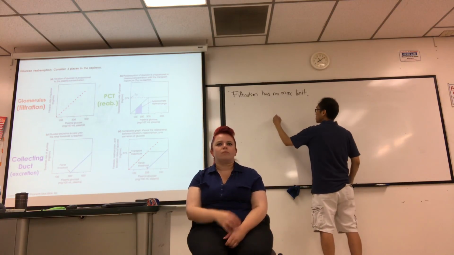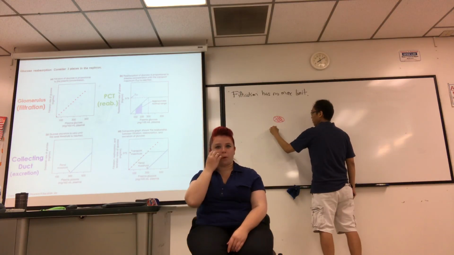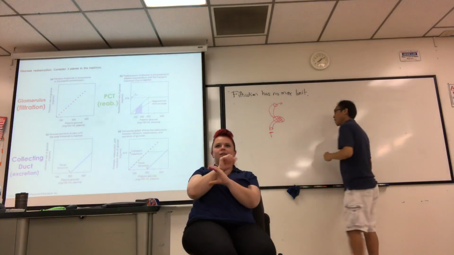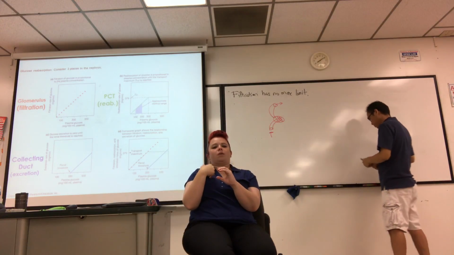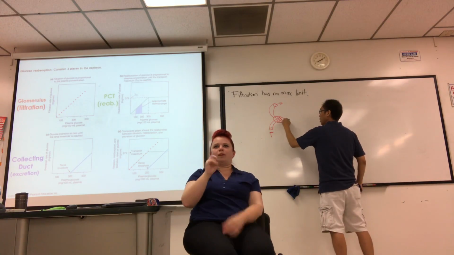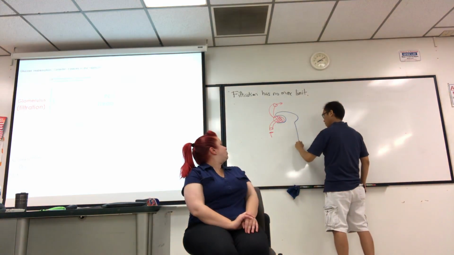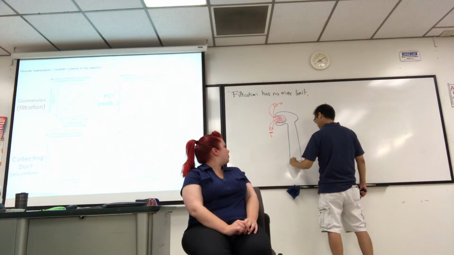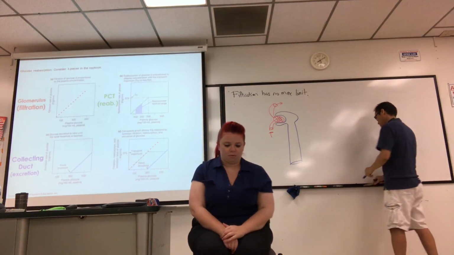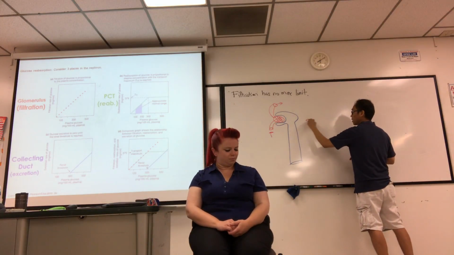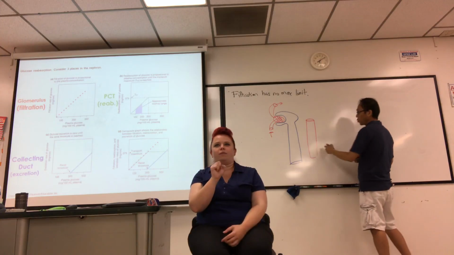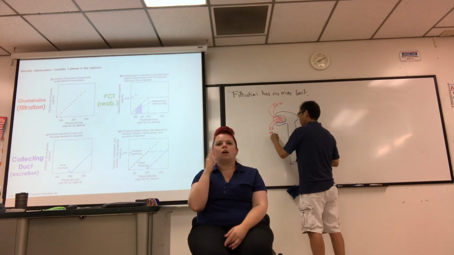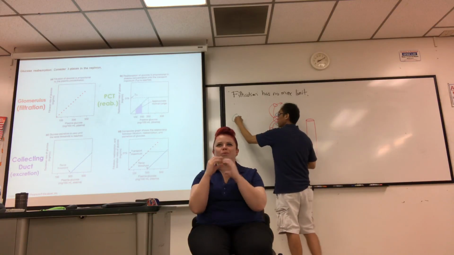Here's a glomerulus, with the afferent arteriole going in and the efferent arteriole going out, and around it the Bowman's capsule. I'll draw a simplified nephron. There's a blood vessel next to it that will help reabsorb whatever's passing through. Let's say you have glucose. Let me draw a few green balls to represent glucose.